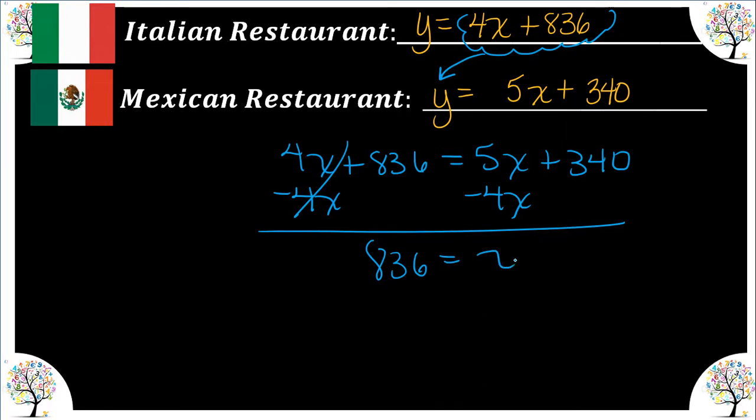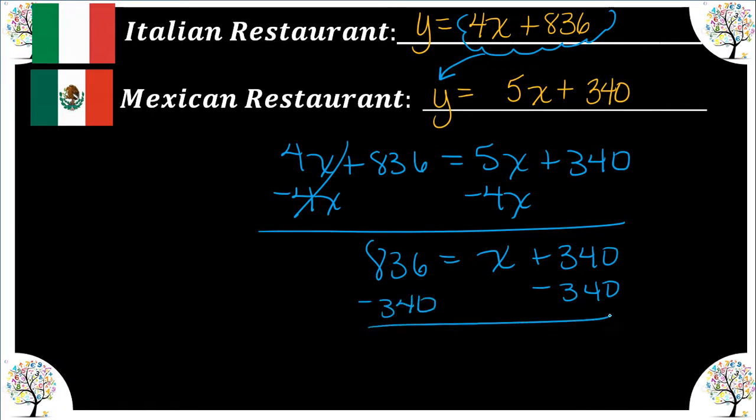We have a 1x, which is nice. And now I simply have to subtract out the 340 to see how many dinners to be sold. So this is going to be 496 equals x. So that's the number of dinners sold.